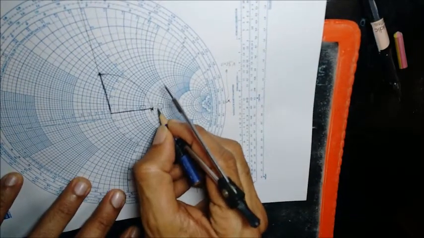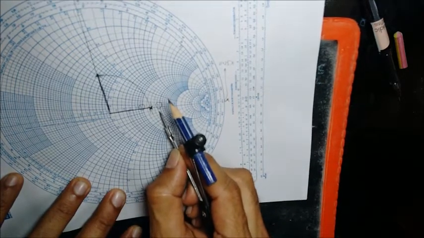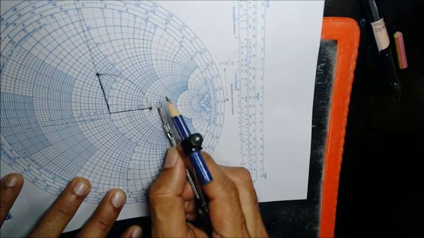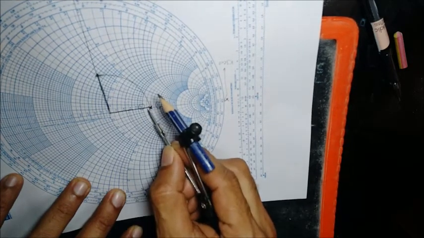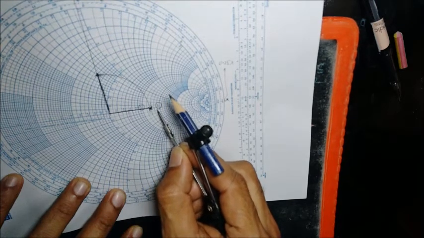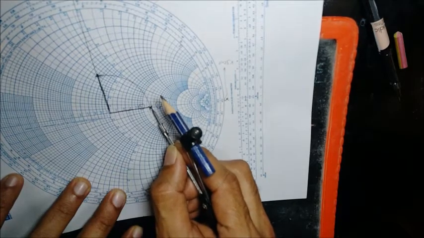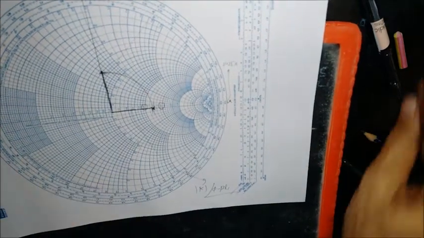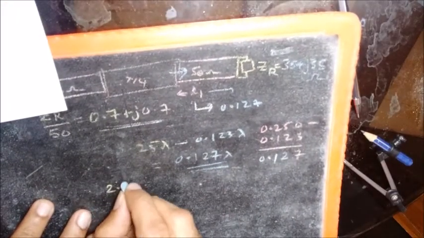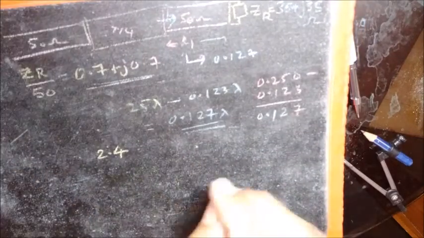There are 5 subdivisions between the two. That means this is 2.2, 2.4, 2.6, 2.8, and then 3. So 2.2, 2.4, it is 2.4. So the input impedance is 2.4 as read from the Smith chart.